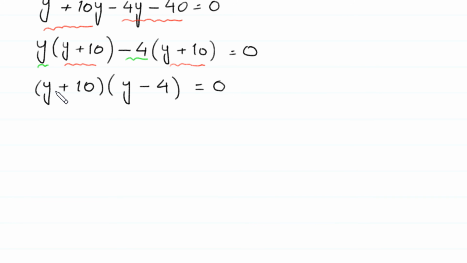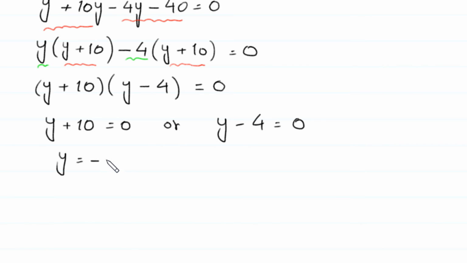Now from here either this y plus 10 is equal to 0 or this y minus 4 is equal to 0, and from here y is equal to negative 10, and from here y is equal to 4.